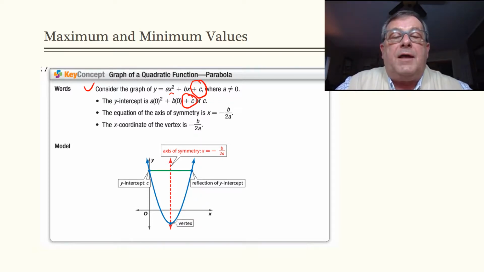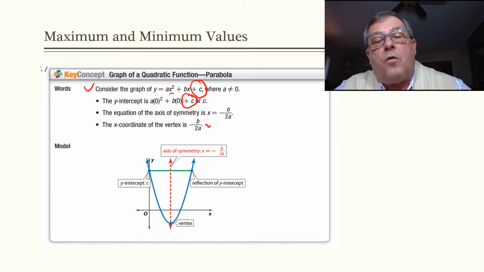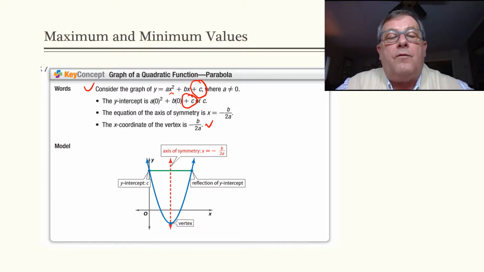Now, we can find the axis of symmetry, as well as the x-coordinate of the vertex, by using this little formula, negative b over 2a. Let's go back up here and define what b and a are. a is the coefficient of the variable squared in a quadratic function, and b is the coefficient of just bx.